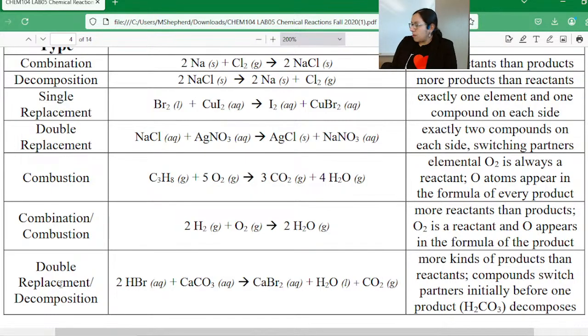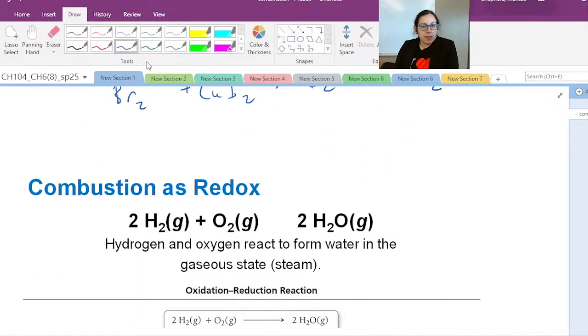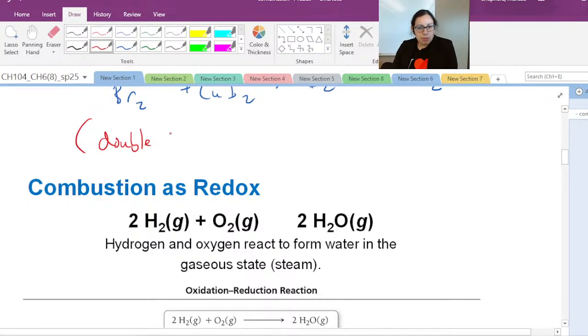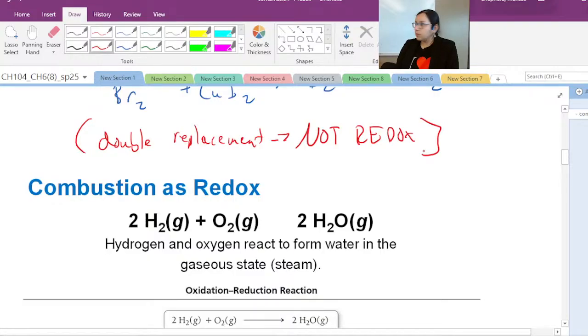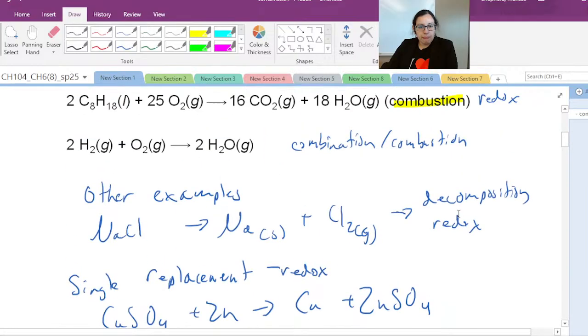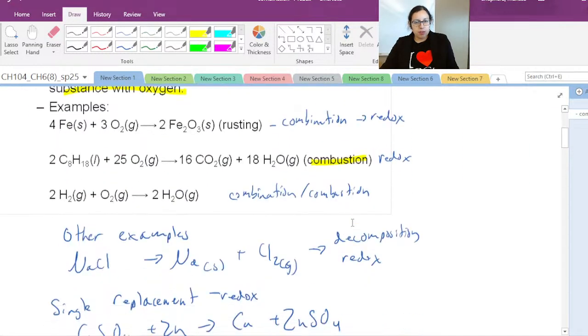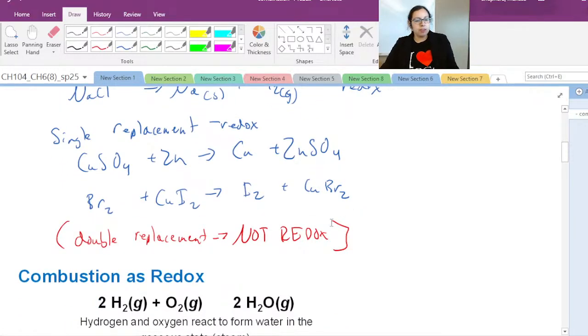So still a double replacement, still no change in oxidation states. You might want to make a note of that: double replacement reactions are not redox. That's your quick and fast guide to redox.